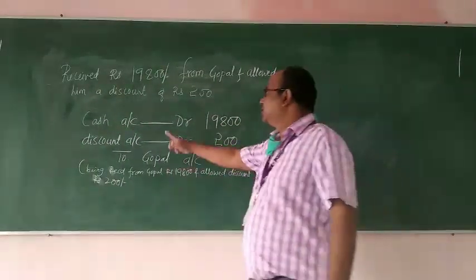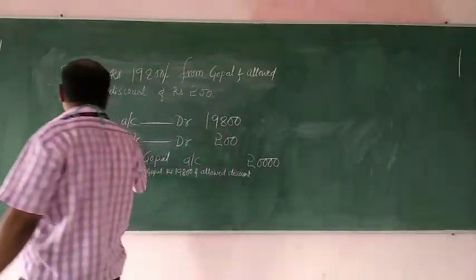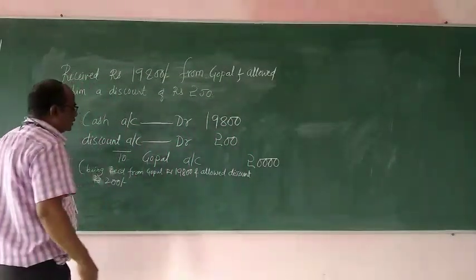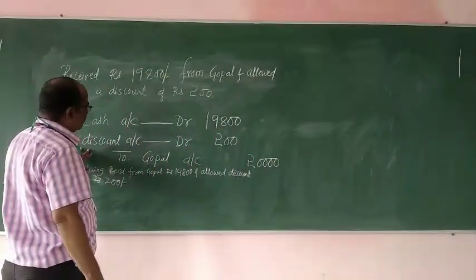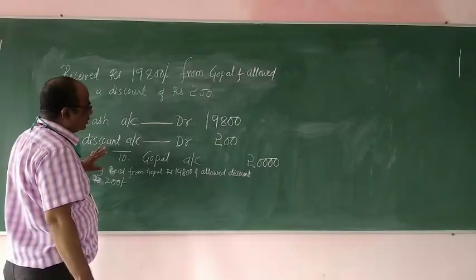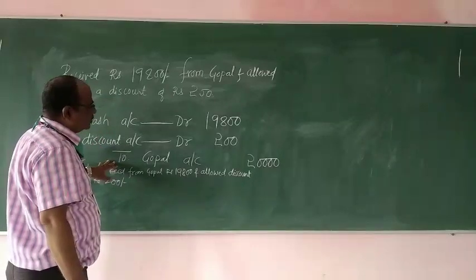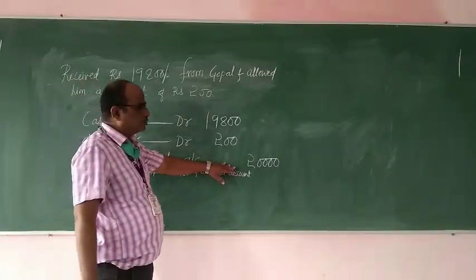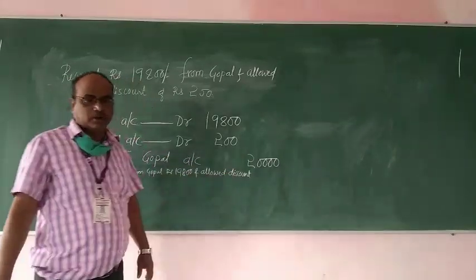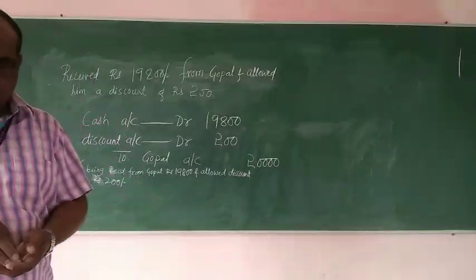So this is the transaction here. So cash we have received how much? 19,800 from Gopal and we have discount how much? 200, which is an expense or loss to us. And Gopal, you are supposed to give us how much? 20,000. So we will see one more transaction.